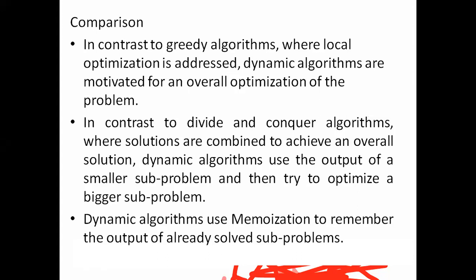And we compare dynamic programming with other approaches: greedy algorithm, divide and conquer, and backtracking. A greedy algorithm provides only one solution at a time, and dynamic algorithms consider more than one solution.